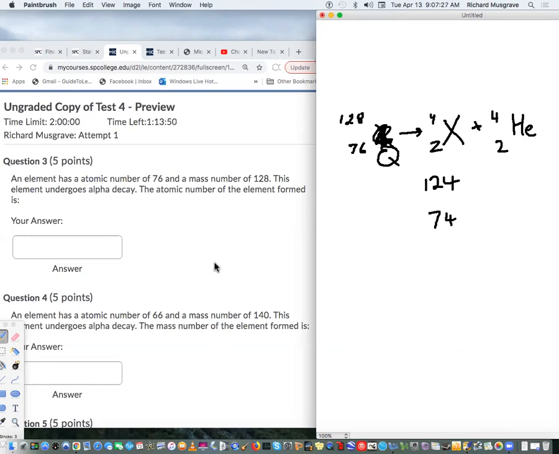Obviously, you're going to get different things happening on each, but that's how you'll do it. The mass number is on top, the atomic number is on the bottom. Does anybody have any questions about answering questions 3 and 4? Any questions? How do you feel about questions 3 and 4?